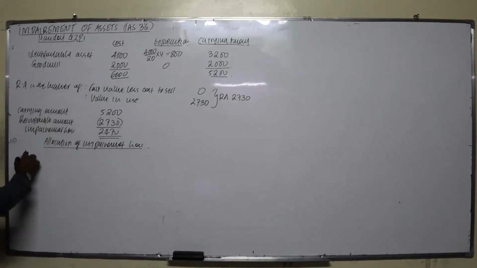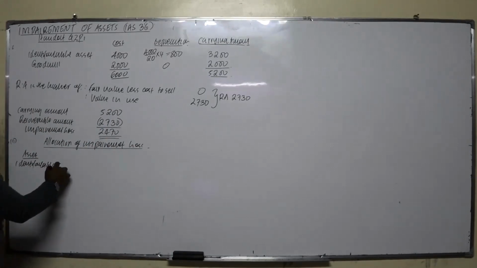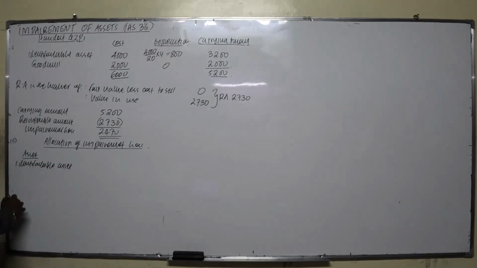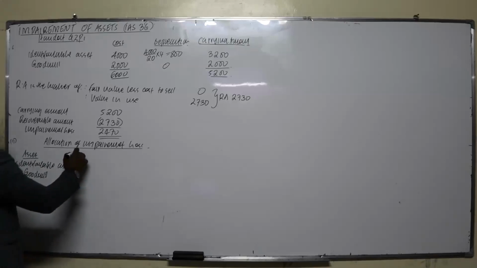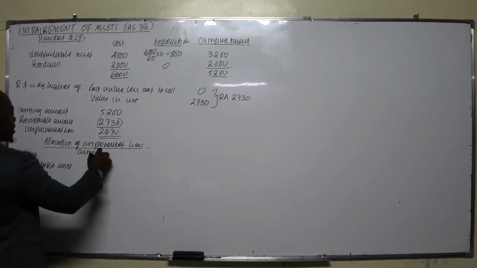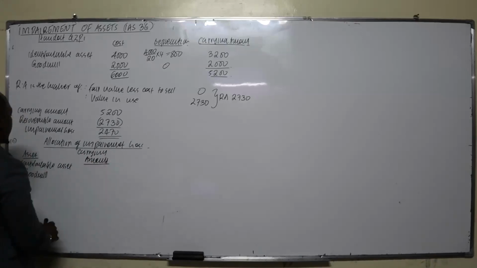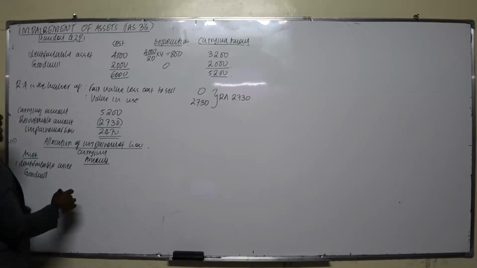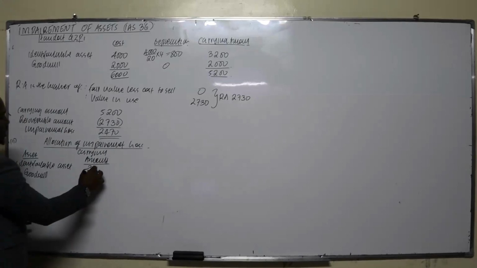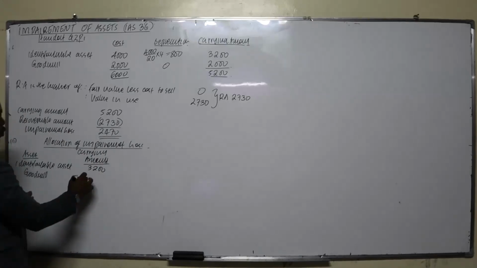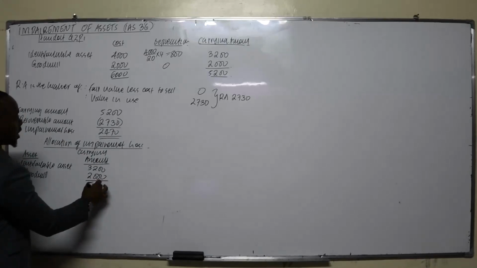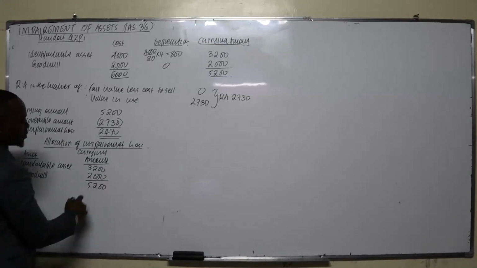So we have the assets. One is the identifiable assets, and then we have the goodwill. We have the carrying amount: identifiable asset was an amount of 3.2, goodwill 2, and the total was 5.2.